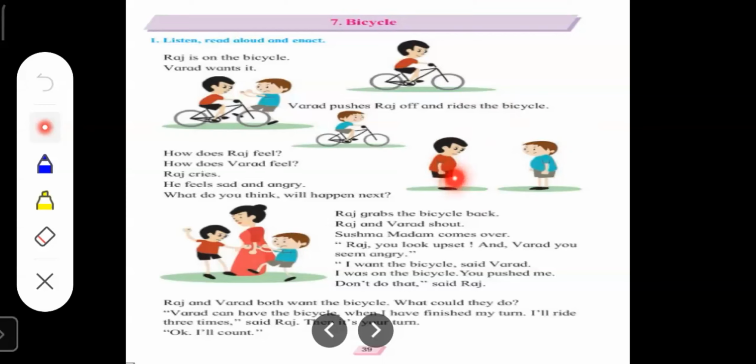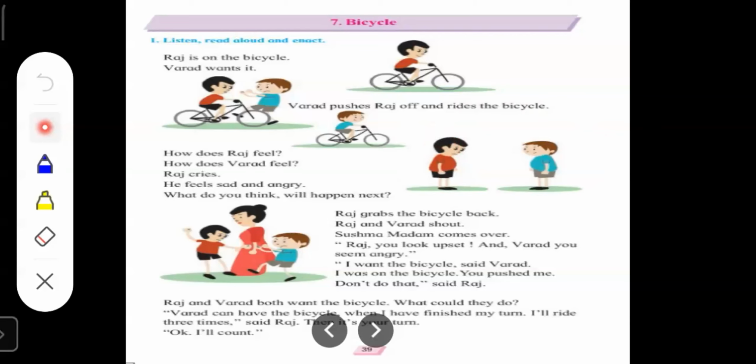Because both want to ride the bicycle at the same time. So they began to fight. And what does Varad do? Varad pushes Raj. Okay. So in this way, you can see both are sad and angry.